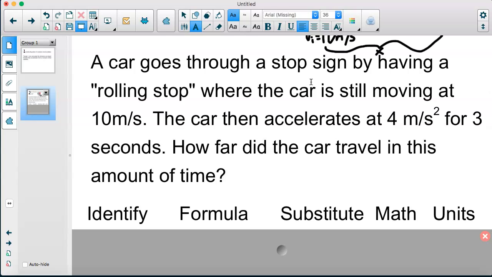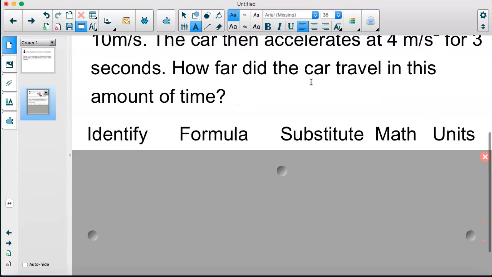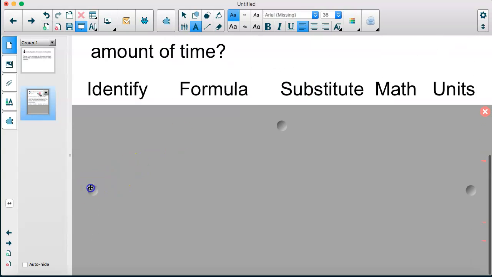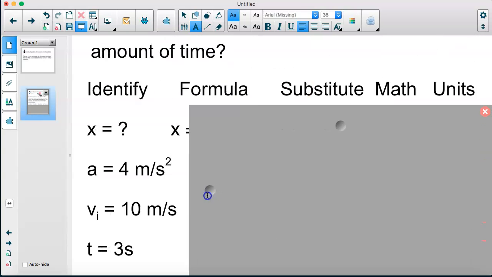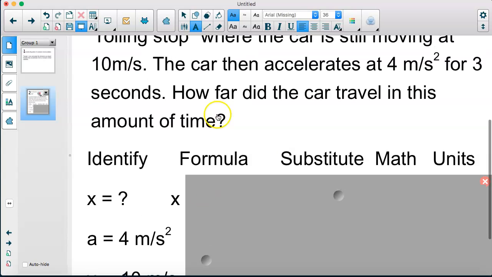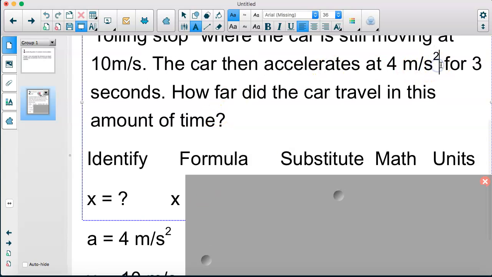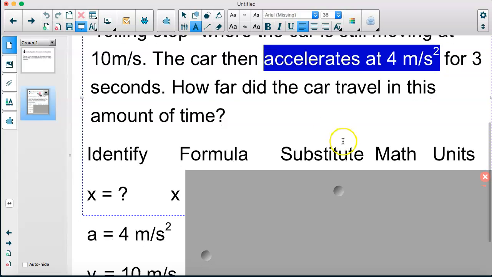We first need to identify what we know and what we don't know. What terms, what variables do we know in this problem? We know a couple of different things. We know that the acceleration is 4 meters per second squared.